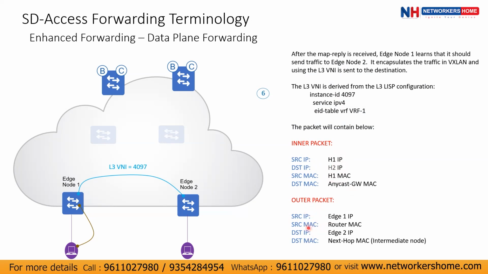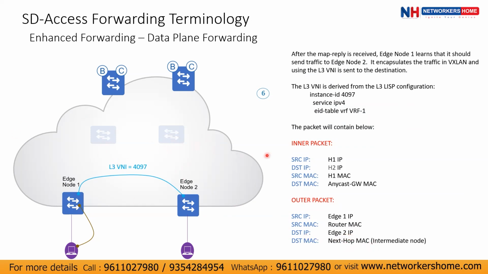The outer header is this. That is the encapsulated header. The source IP would be the Fabric Edge 1 IP address, that means the loopback 0 IP address of Fabric Edge node 1. Source MAC would be the router MAC, meaning this particular Fabric Edge node 1 MAC address. The same thing, the destination IP of Fabric Edge 2, and the next hop MAC will be the intermediate node.